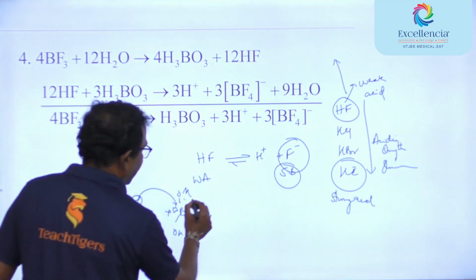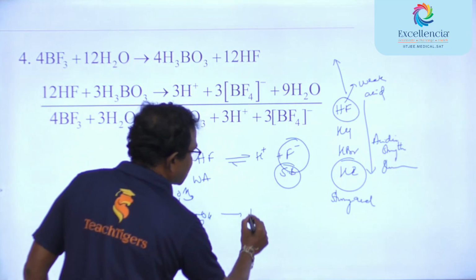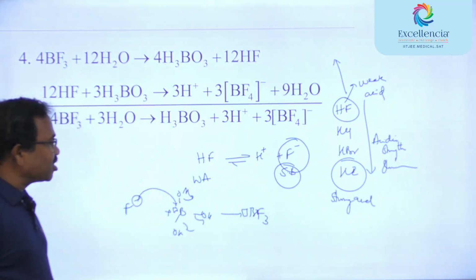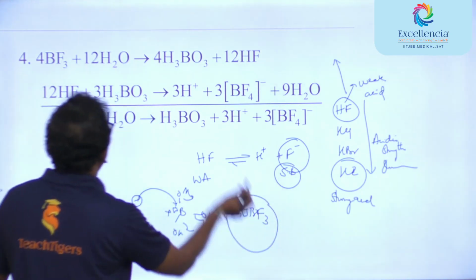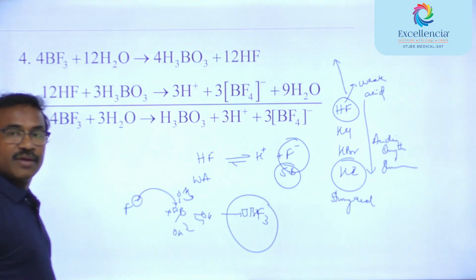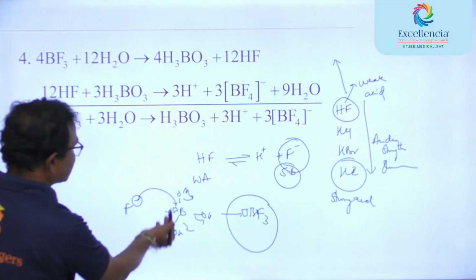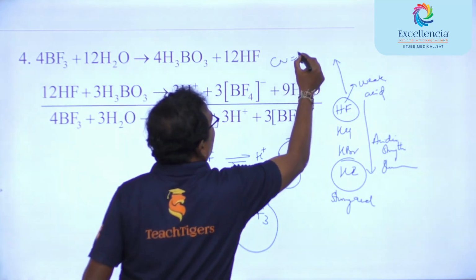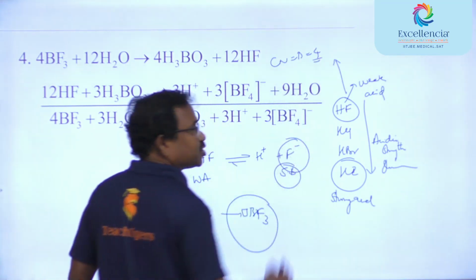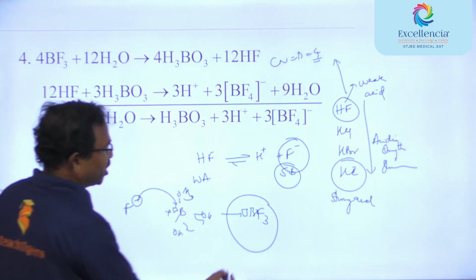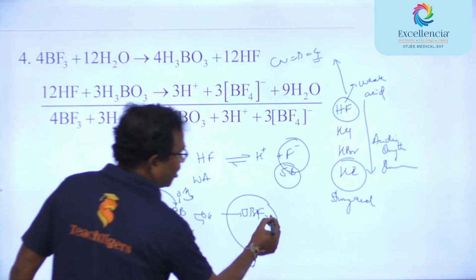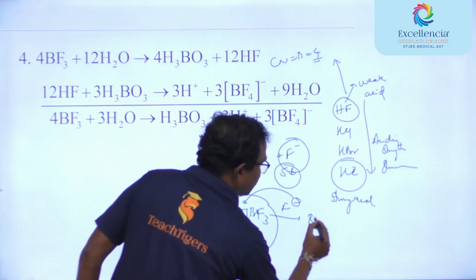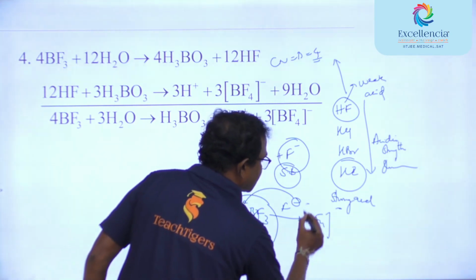So this way, subsequently all three are giving rise to BF3, but it doesn't make sense if the reaction stops here because it is the same reactant. However, now you have excess fluoride in the system and the coordination number of boron is always 4. You should know that. So this BF3 which is formed will again react with one more fluoride, giving rise to BF4 minus.